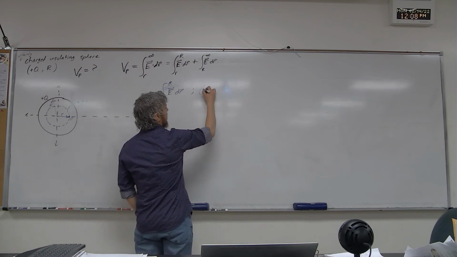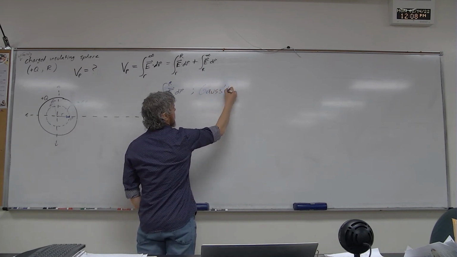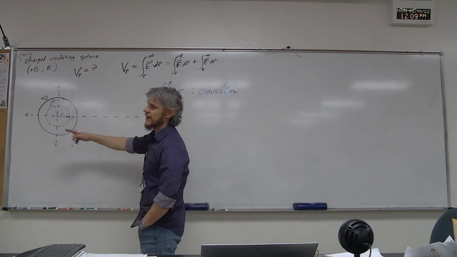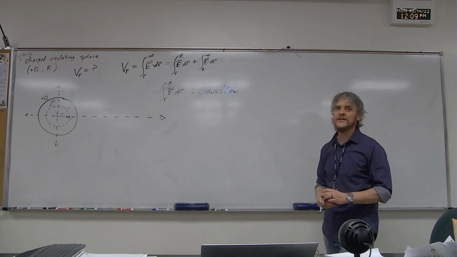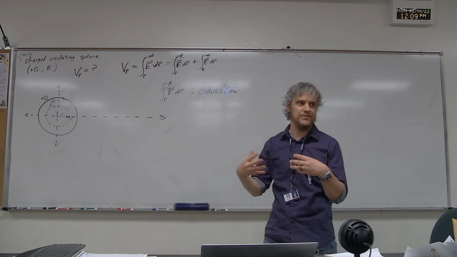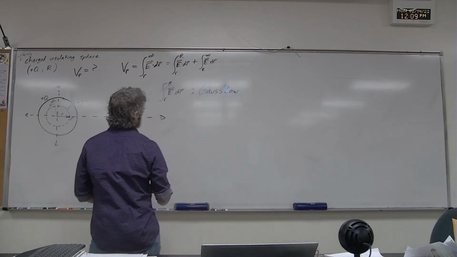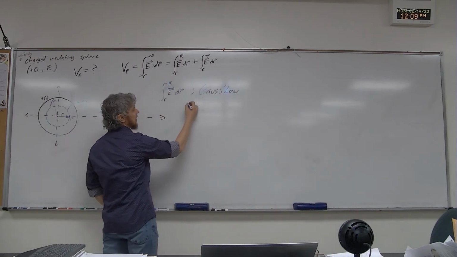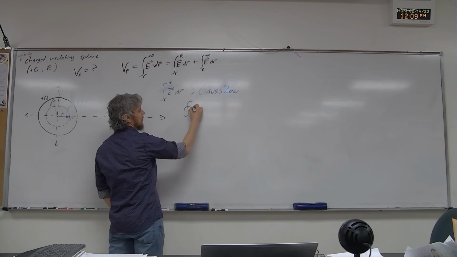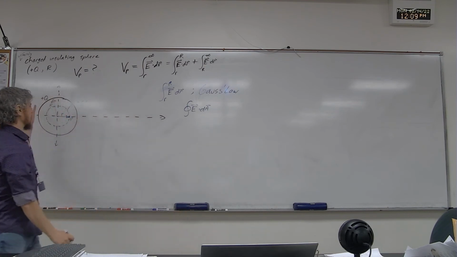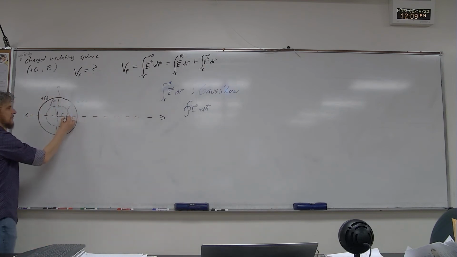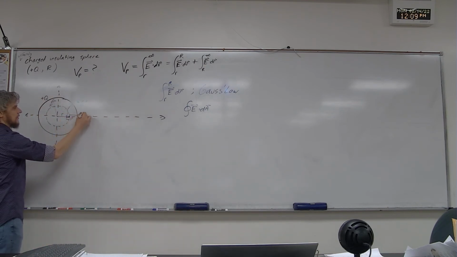And so if you forget, this is a good reminder. You are going to have to use Gauss's law. I guarantee it on the AP exam, on the next test in this class, because you're going to have to relate potentials to electric field. So using Gauss's law, I know that the integral of E dot dA over that closed surface, and if you need a reminder, I pick an infinitesimally small area vector, dA.